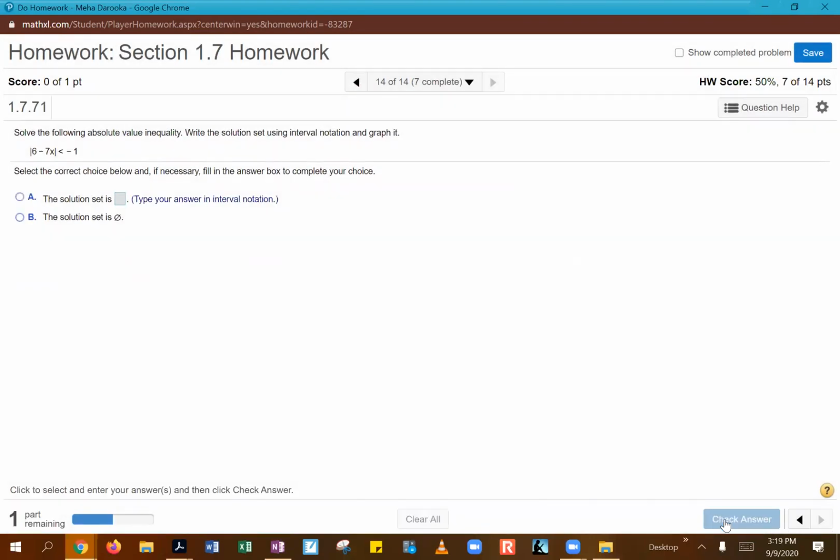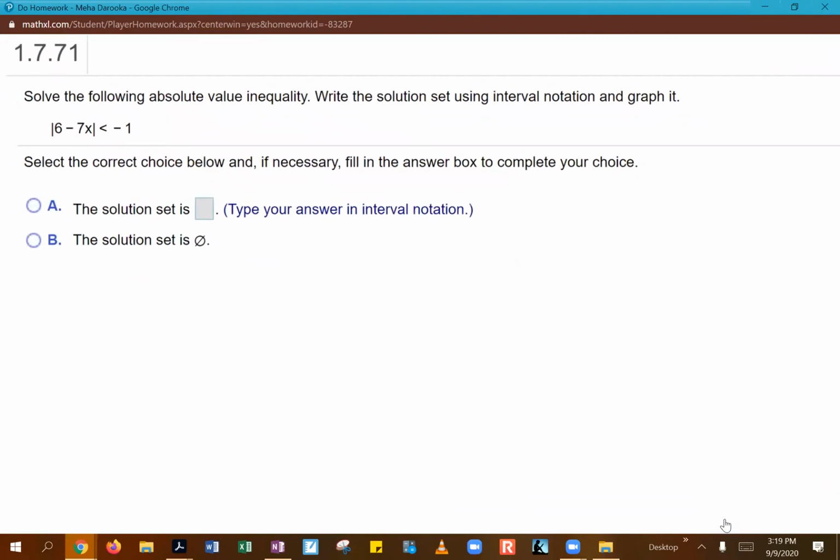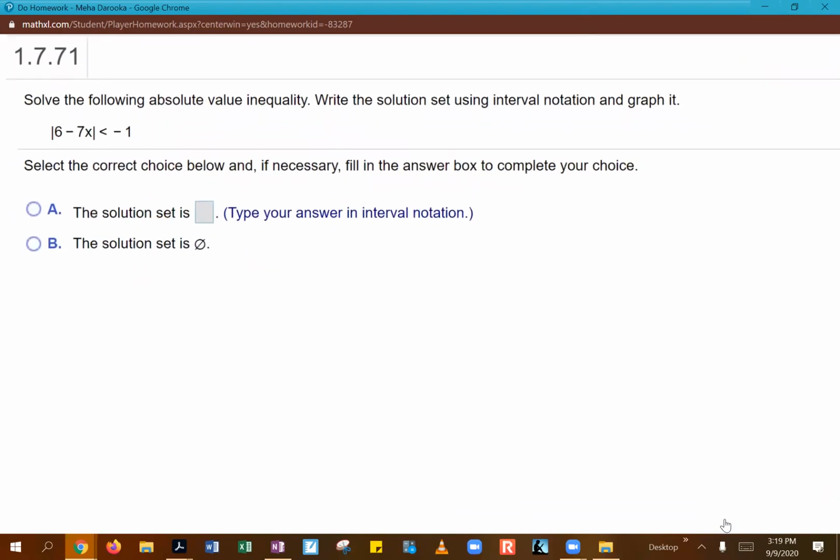Now, just another version of that same example, and this is with a less than symbol. And of course, we have a negative number on the right-hand side, but with a less than. The same kind of logic you want to think about like we just did with absolute value of 6 minus 7x.